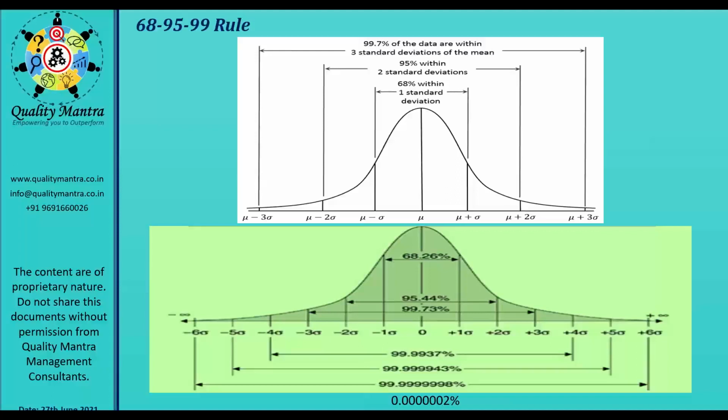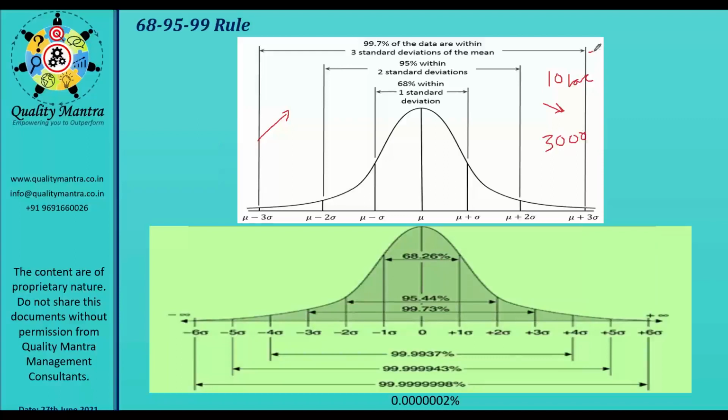It means, if the process is a flight taking off and landing, and you are operating within this variation, then in 1 million opportunities, that is 10 lakh times when it lands, you are allowing 3,000 times for it to go out of the runway.